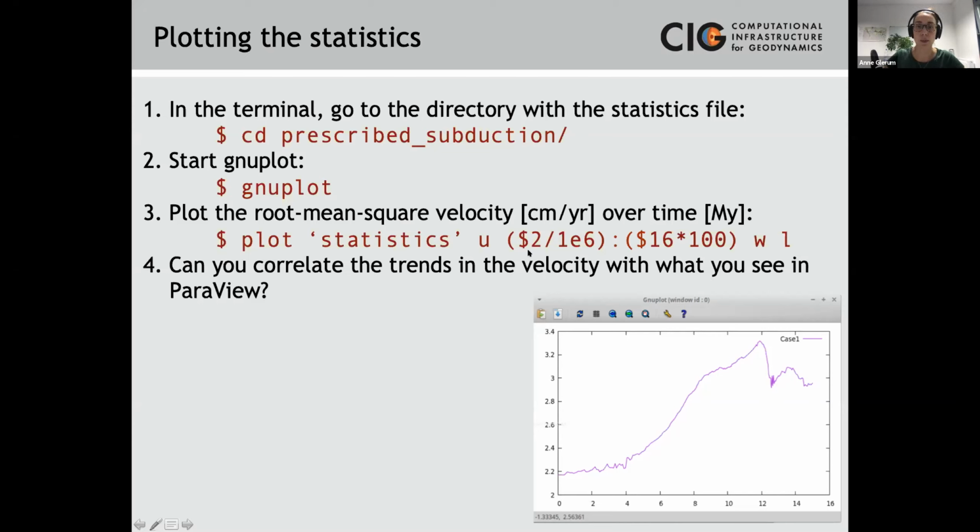And then we want to plot the root mean square velocity over time, so the second column and the 16th column. And what I wrote down here is just we divide the time in years by 1e6 to get millions of years, and we multiply the velocity by 100 to get centimeters per year. And in case you cannot get that to work, I made a little plot over here, which is what you should get.